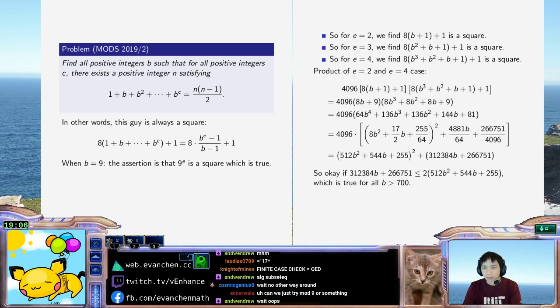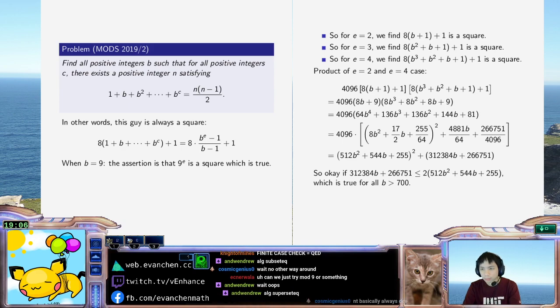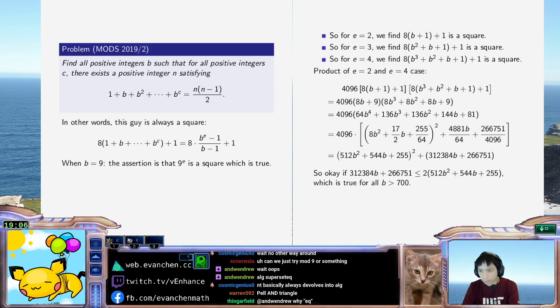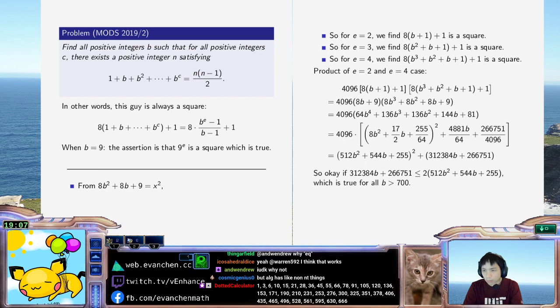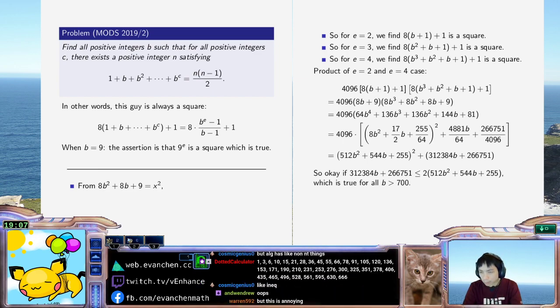From 8b squared plus 8b plus 9 equals x squared, we get... So first I want to complete the square. Well, we'll let this be 2x plus 1 actually.